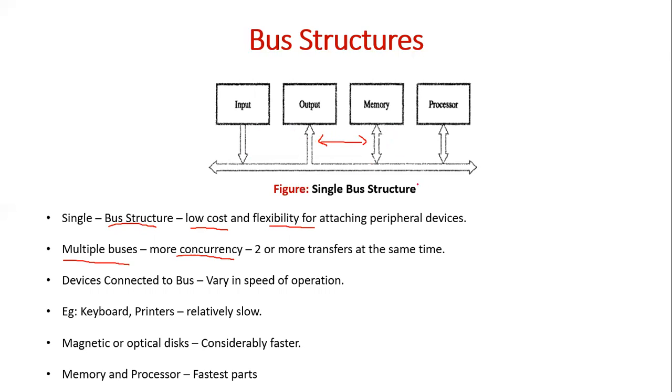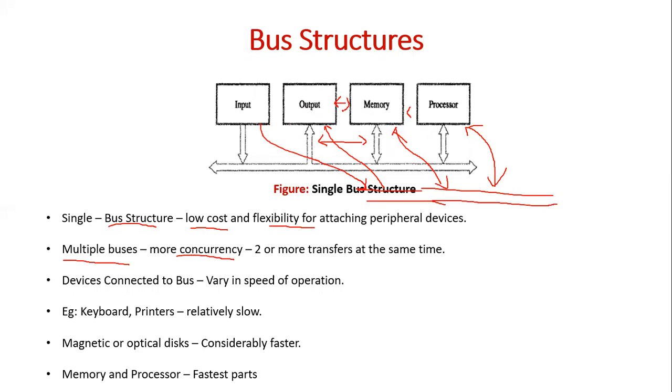But say you have another bus in parallel, and all the devices are connected to this bus also. The processor is connected to this bus, memory is also connected to this bus, and the IO devices are also connected to this bus. Now what happens if the first bus is busy? Then somebody can use the second bus. Are you getting? Say the first bus is being used between memory and processor, or between memory and an output device.